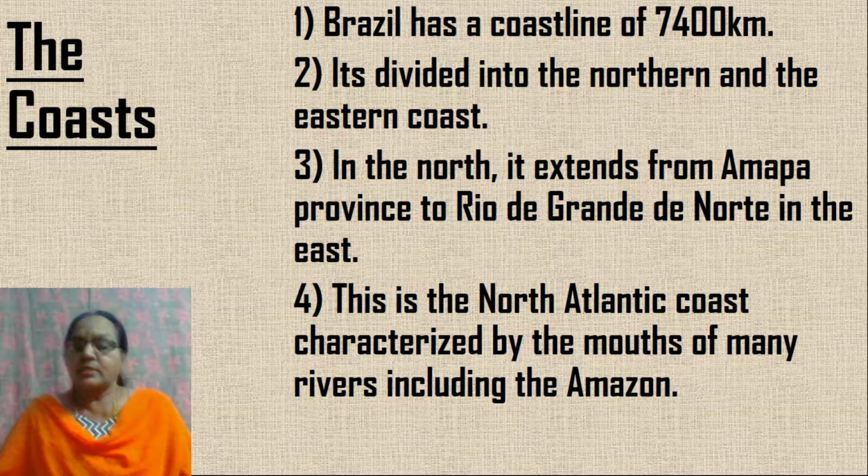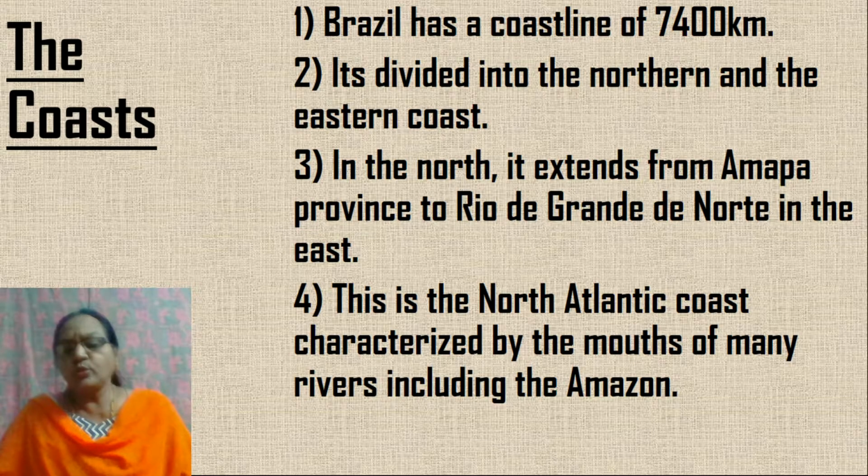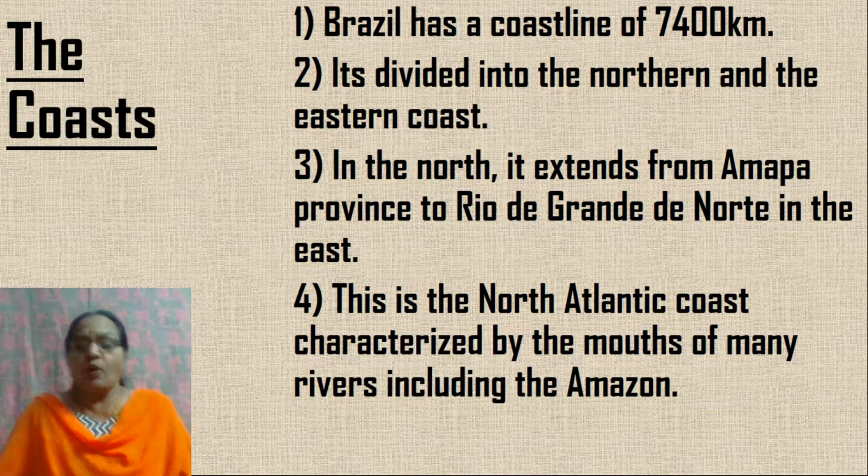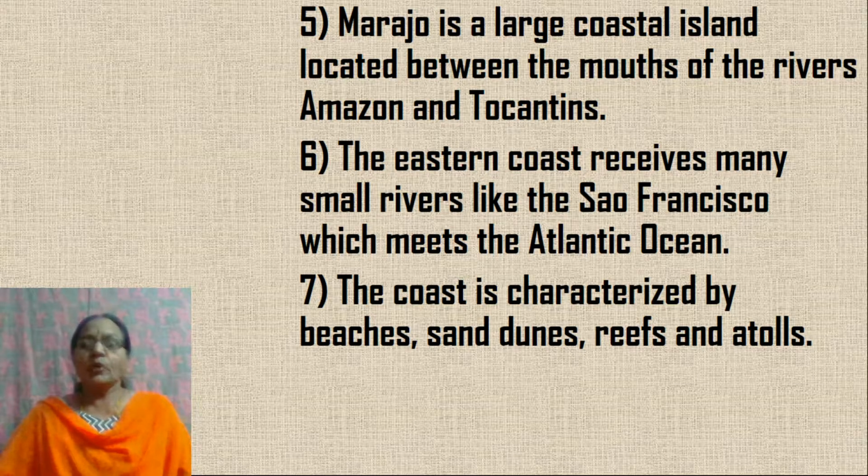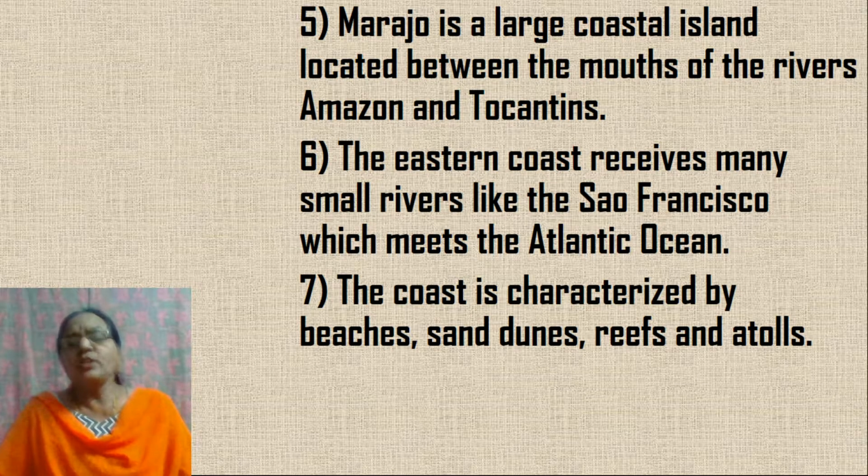While taking this lesson, I would have told you that the Amazon River doesn't form a delta, unlike many of the rivers that we have studied. So this opens into the North Atlantic Ocean, but it doesn't form a delta. Then along the northern part of Brazil, we have a large coastal island, located between the mouths of the Amazon and Tocantins rivers.